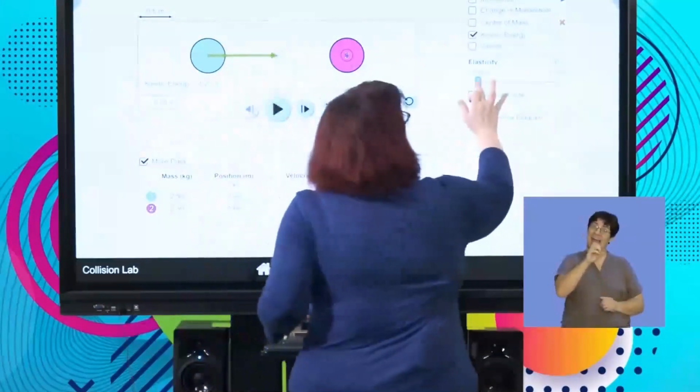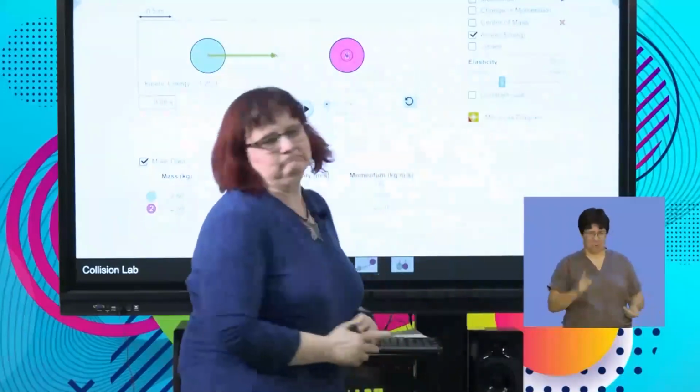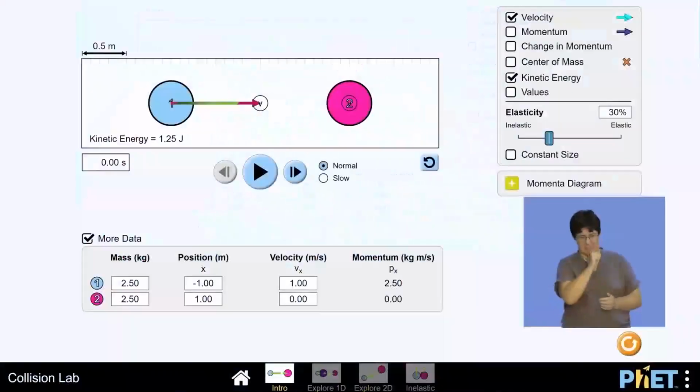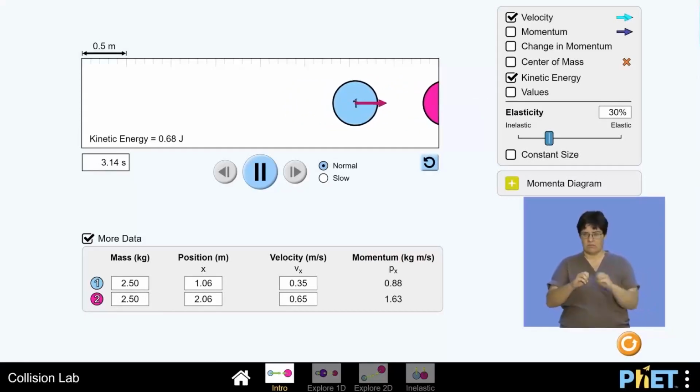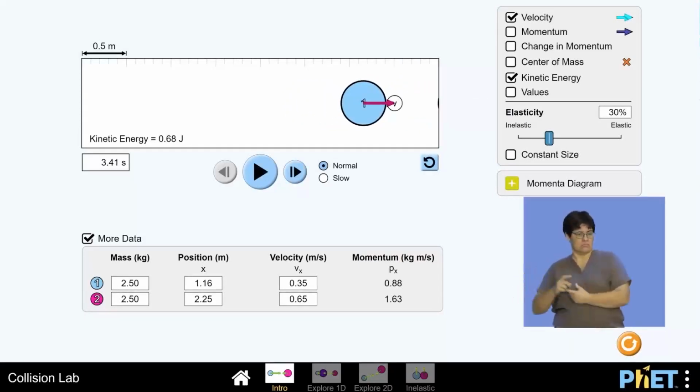Okay, no collision is 100% inelastic, so I'm going to make it a percentage. It doesn't actually matter. I have my two objects. One is stationary, one's moving. Remember, when this was elastic, number 1 stopped and number 2 kept going. So let's see what happens if I put them together now. Oh, now that's more realistic.